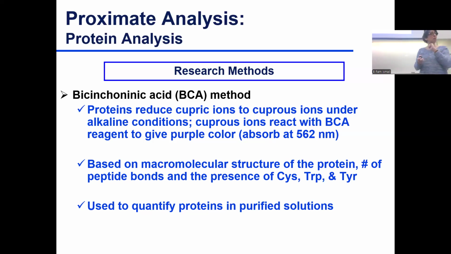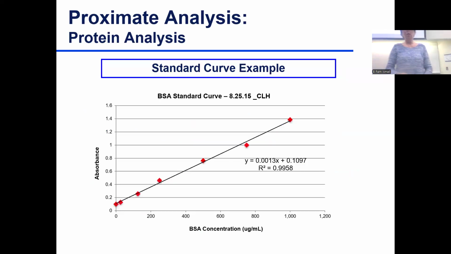And then you would measure the absorption of that color, but you have to have a standard. In this case, our standard is a protein that is commonly used. BSA stands for bovine serum albumin. It's a very common protein that you can buy as a standard, or it can come with the BCA kit itself.